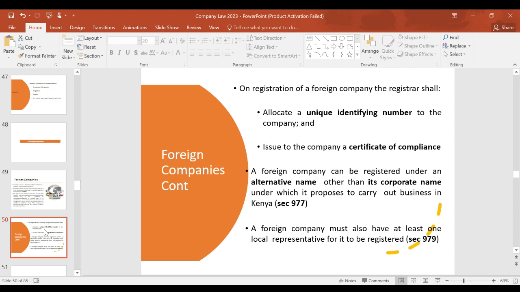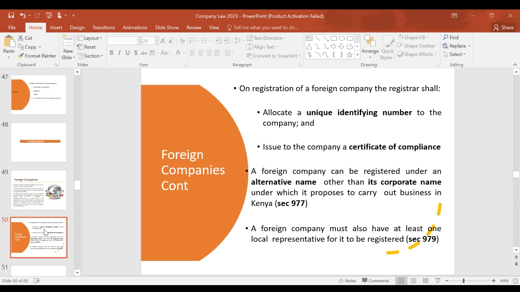Section 977, however, depicts a situation where the company registered in a different jurisdiction may register in Kenya under a different name.